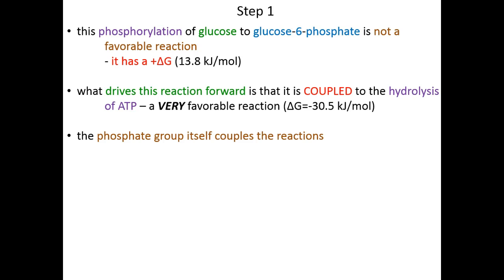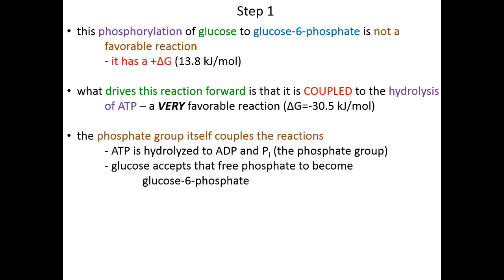And what is coupling these two reactions is the phosphate group itself. ATP is hydrolyzed to ADP and inorganic phosphate. That's our favorable reaction. And it is that inorganic phosphate released by that hydrolysis that glucose accepts to become glucose 6-phosphate, the unfavorable reaction. Remember, as soon as two reactions are coupled together, the delta G of all of those reactions in total equals the sum of all of the individual delta Gs of those reactions.